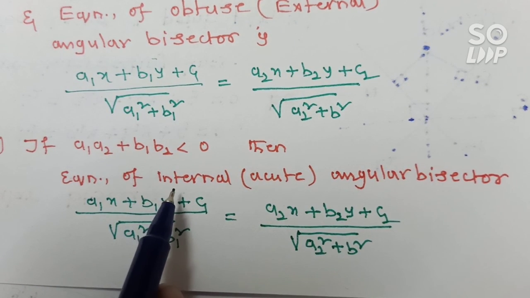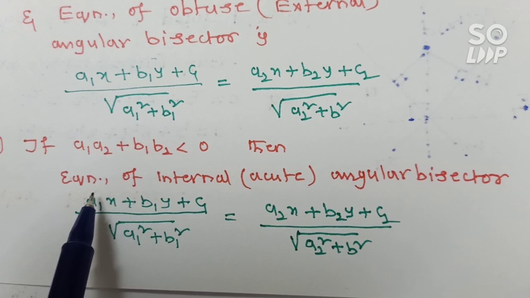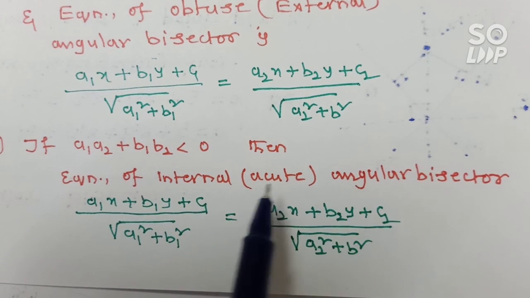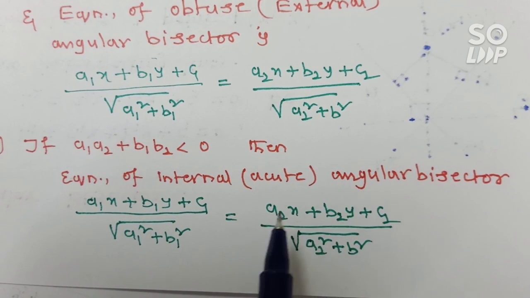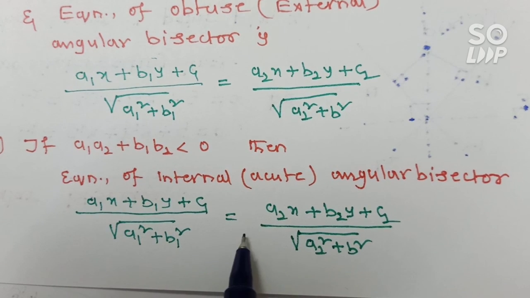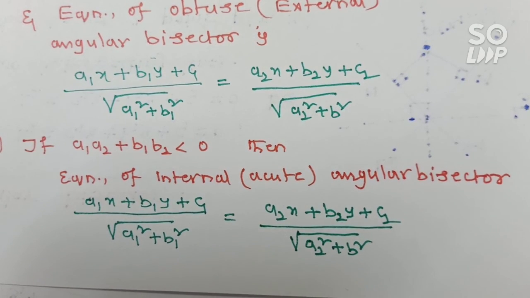Similarly, what can we write next? The external angular bisector or obtuse angular bisector will take the negative sign. Okay, now we will see that part.